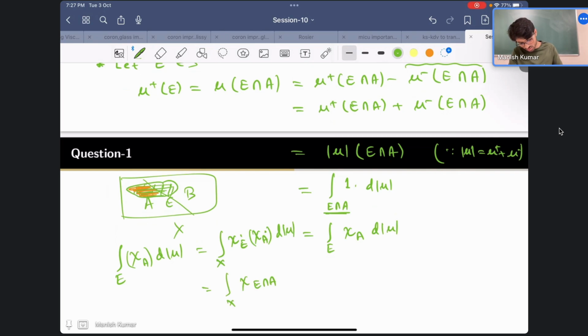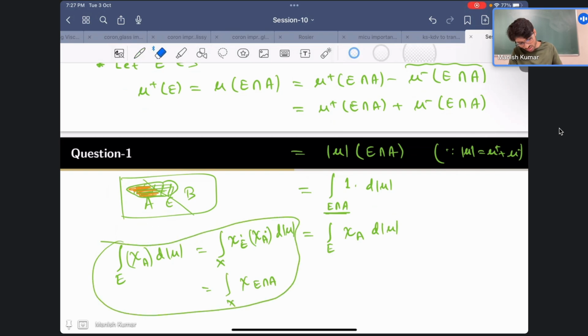So this is the calculation. This is the mathematical thing; otherwise you can understand it from the figure itself, that you are integrating over E intersection A. Since you want it in this form, you have to include the characteristic function of A inside, so that it takes value 1 when the point is in A and is inside E as well.